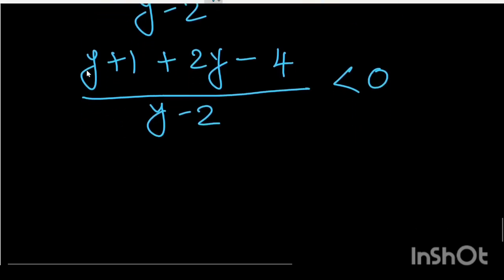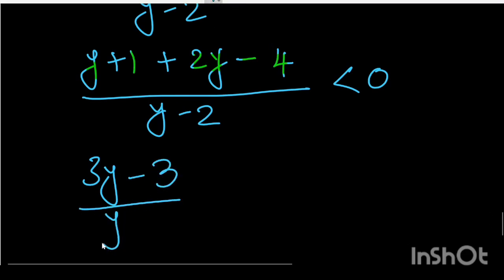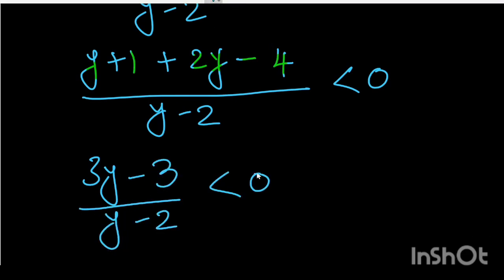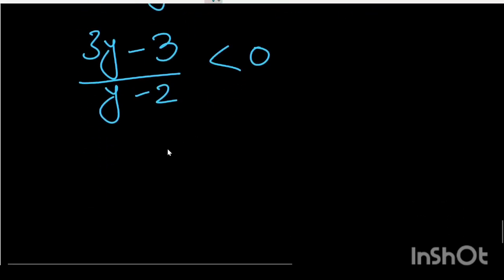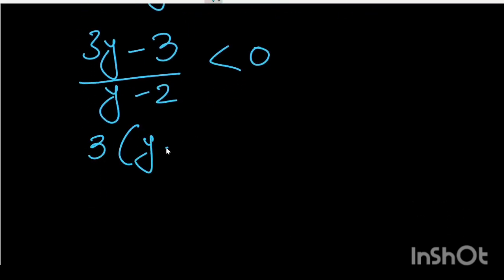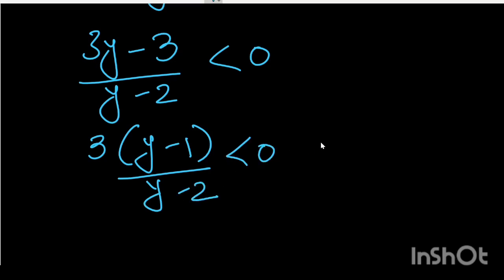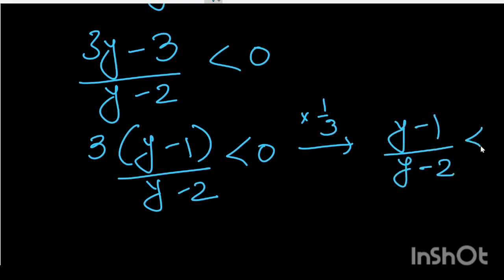Y and 2y get added, it gives 3y, and 1 and minus 4 gives you minus 3, upon y minus 2 less than 0. So 3 (y minus 1) upon y minus 2 less than 0. We can multiply both sides by 1 by 3. So this is y minus 1 upon y minus 2 less than 0.